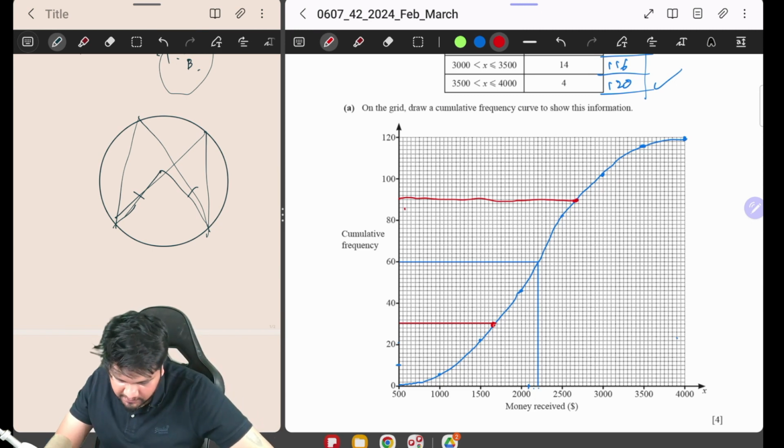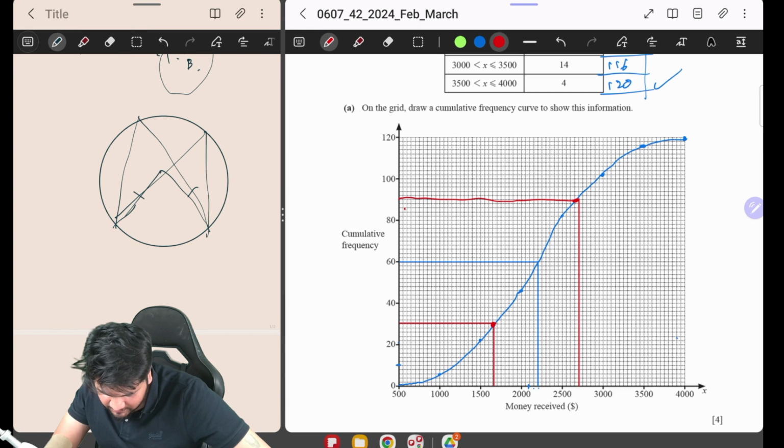As you can see, this value would be here somewhere, and this value somewhere here.